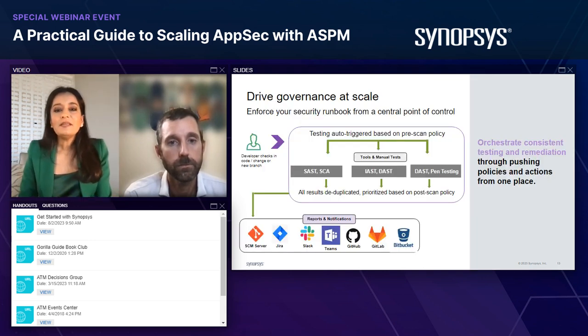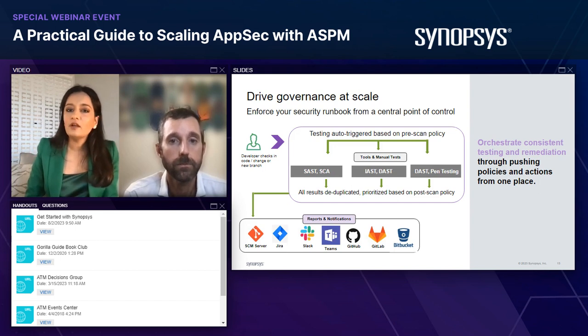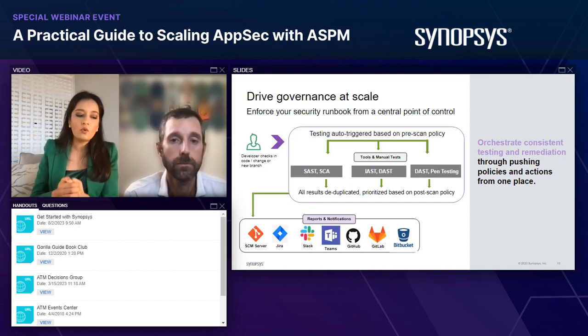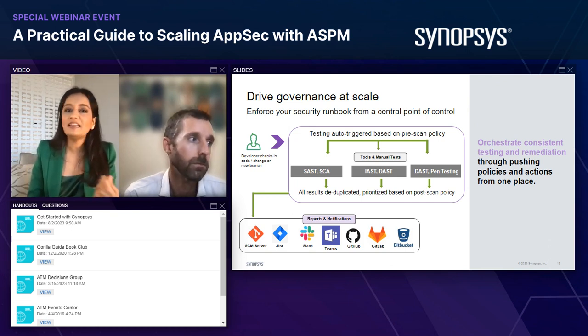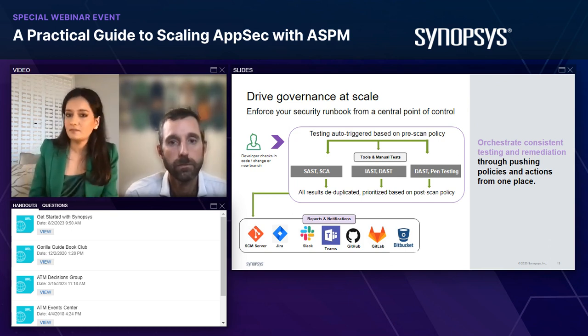And Jimmy, one of the things that I know we talk about a lot is that with ASPM, one of the cornerstones is having both pre and post scan policies and being able to auto trigger testing to take the guesswork out of when I need to test, when is the right time to test.